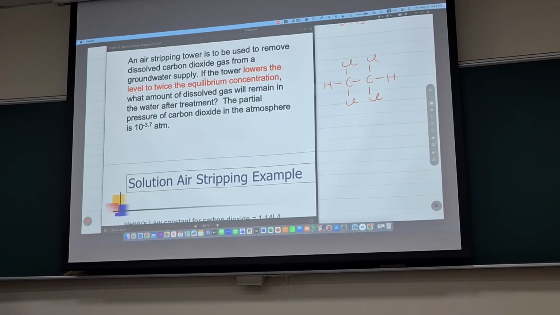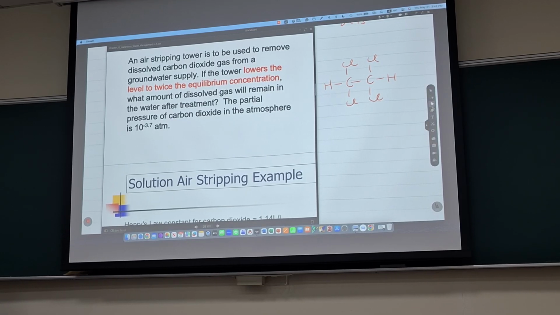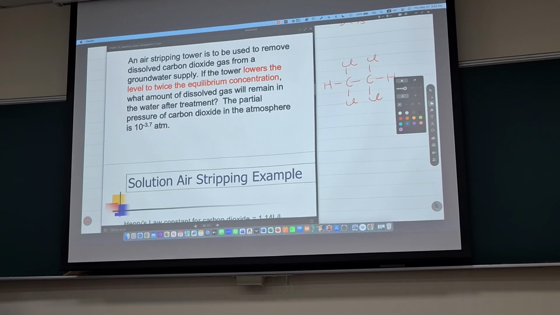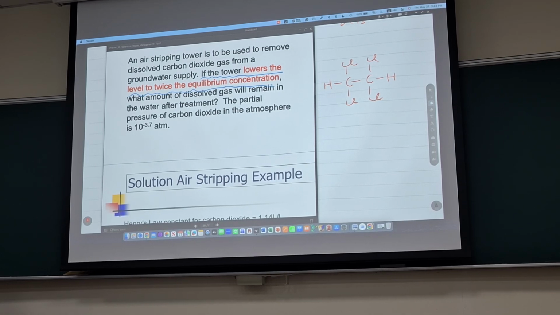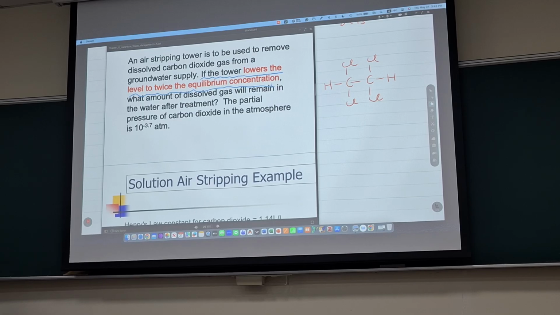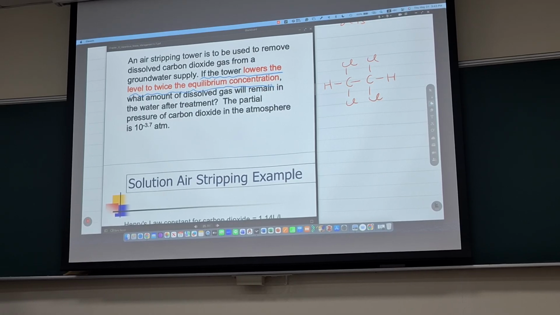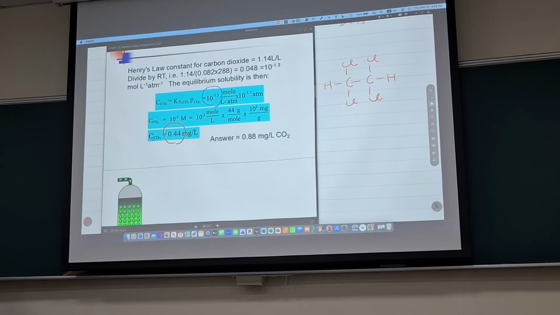If the tower lowers the level to twice the equilibrium concentration, that means you need to times 2.